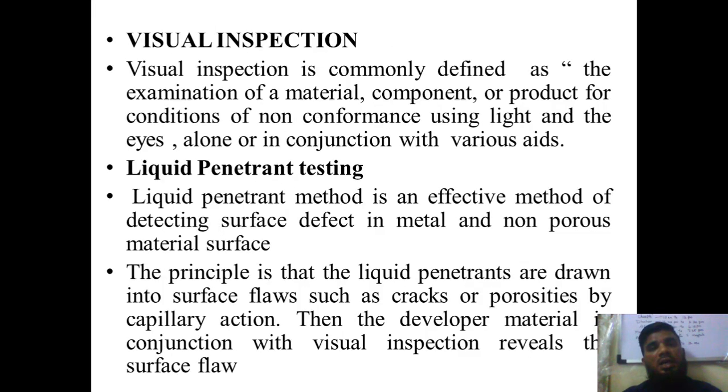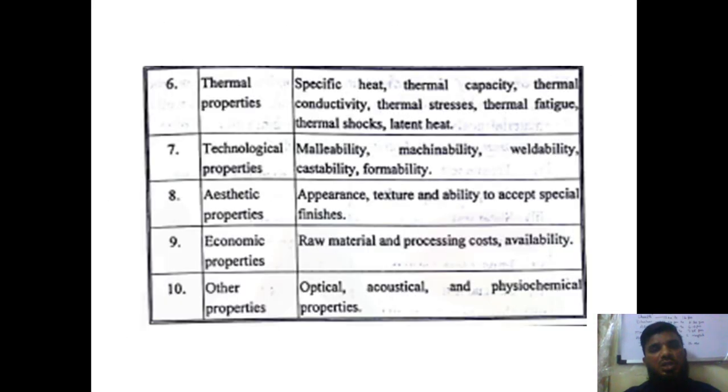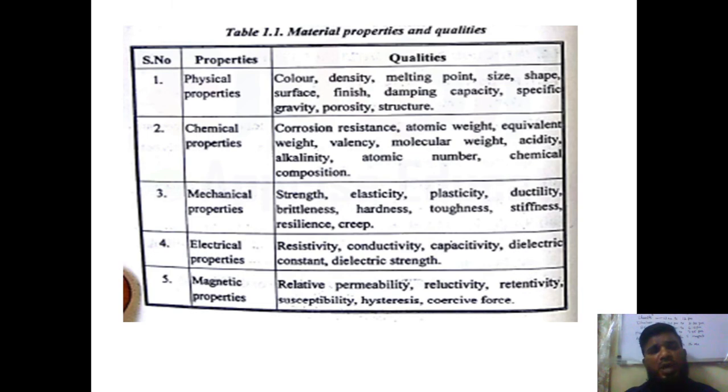Another advantage of non-destructive testing is that you can measure all types of properties, like chemical, physical and mechanical, using non-destructive testing. Whereas in destructive testing, for example in the Rockwell hardness test, you cannot measure impact, and in an impact test you cannot measure hardness of the material. Similarly, stress-strain cannot be studied using the Rockwell or Brinell hardness test.